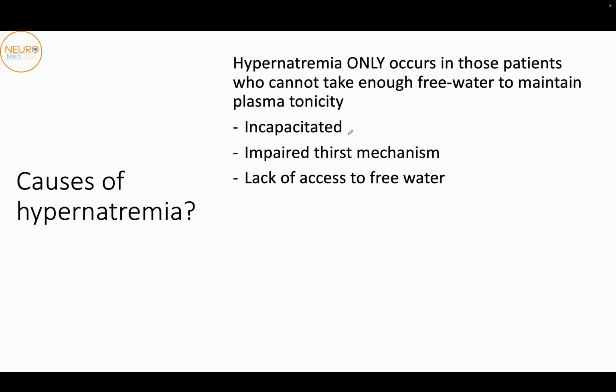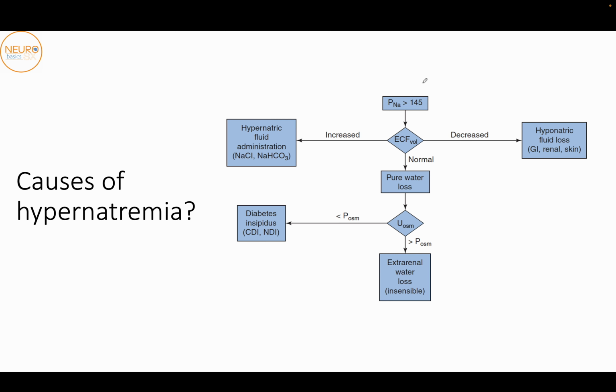So this usually happens only in patients who are incapacitated or have an impaired thirst mechanism because of injury to the hypothalamus, or they just don't have access to free water. So again, even with hypernatremia, the first thing you want to do is rule out hypertonic and hypotonic hypernatremia.